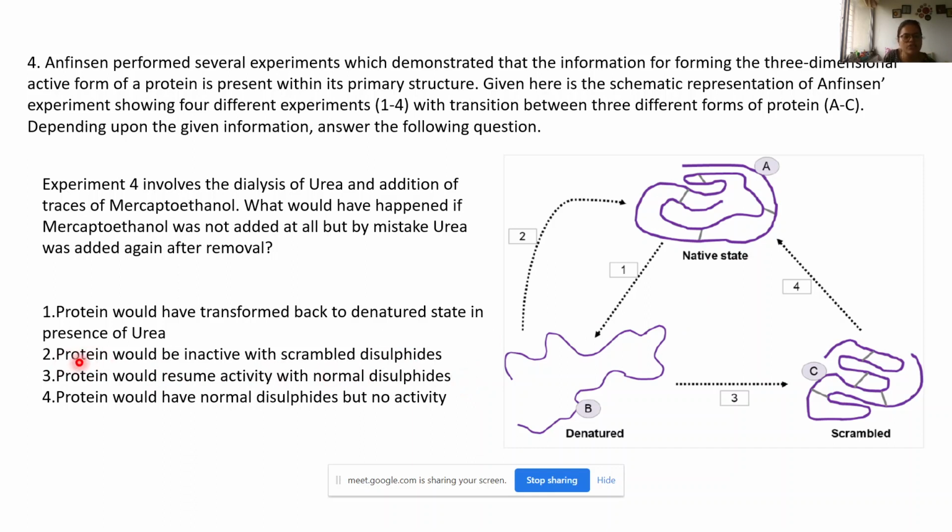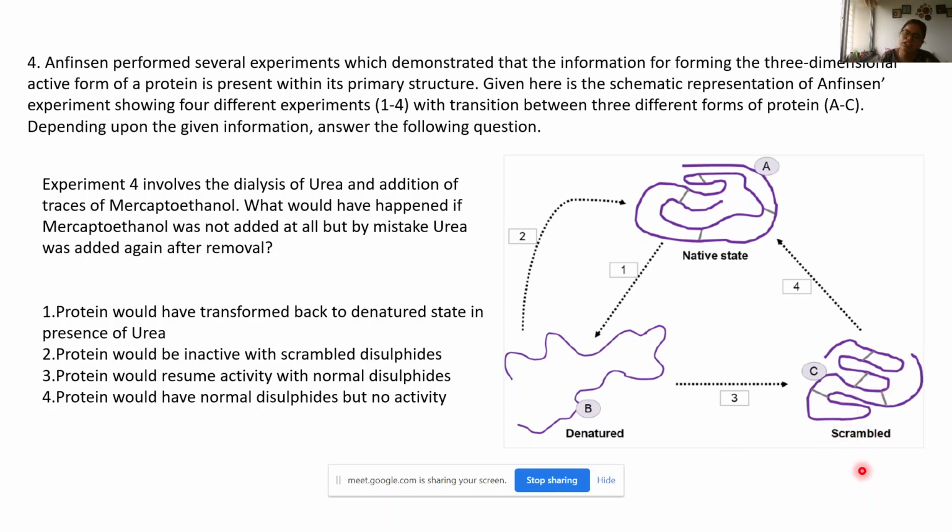So second guess, which was protein would be inactive with scrambled disulfide, which is this state. So you are dialyzing here, but again the same amount of urea has been added. By mistakenly you have added urea. So it is not going into any further state or denatured state. Besides, you have not added mercaptoethanol also. So nothing will happen to the disulfide bonds.